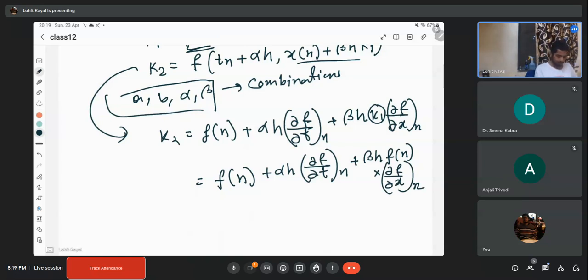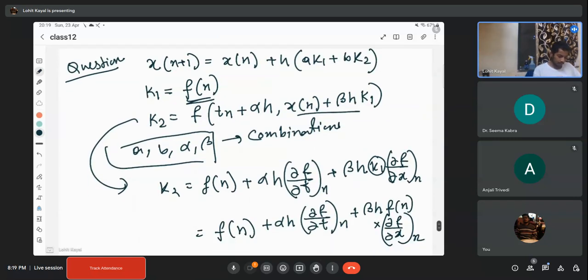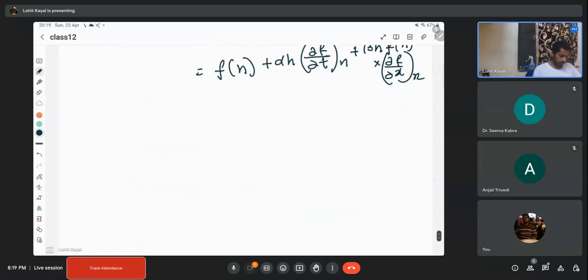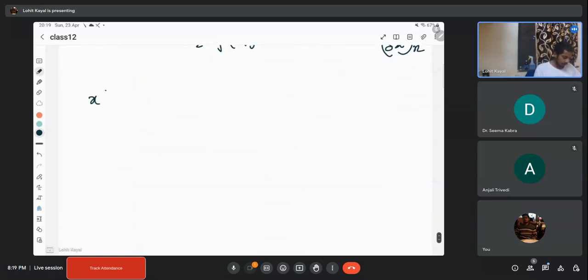Okay, so now we need to plug it into this formula, k1 k2. We need to plug this in here. So if you do it carefully, you will find these expressions equal to xn plus h of n.